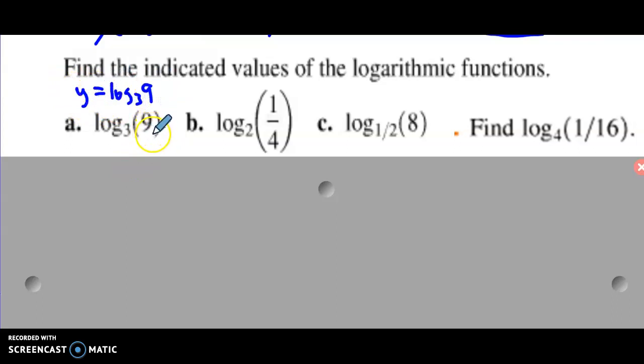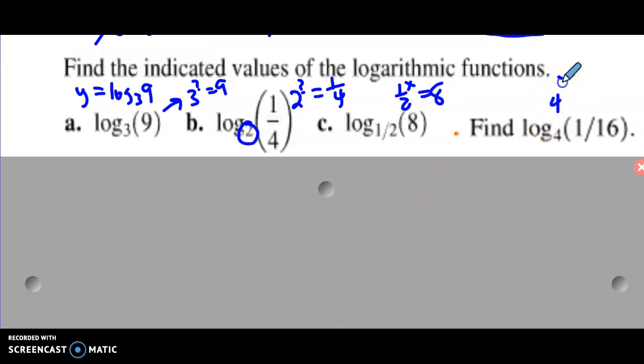So I realize what that's asking for is 3 to what power equals 9. This is asking 2 to what power equals 1/4. This little number down here is the base. Log base 2 of 1/4 is saying what exponent do I put on 2 to get 1/4? This is saying 1/2 to what exponent gives me 8. 4 to what exponent gives me 1/16. That's what a logarithm is asking. It's an exponent.